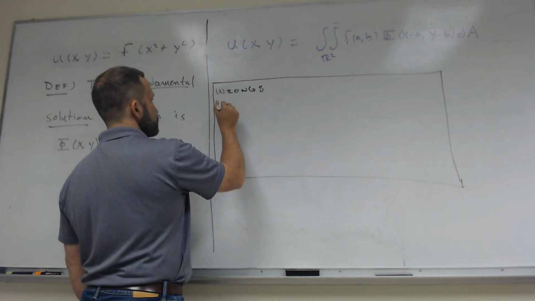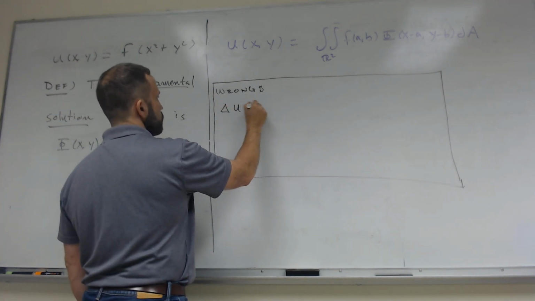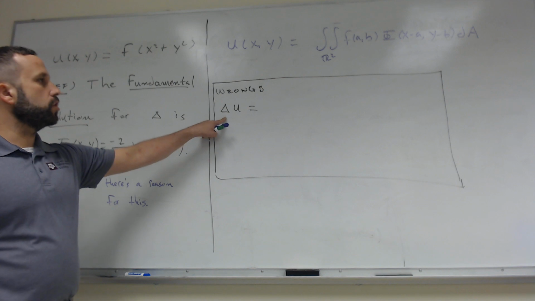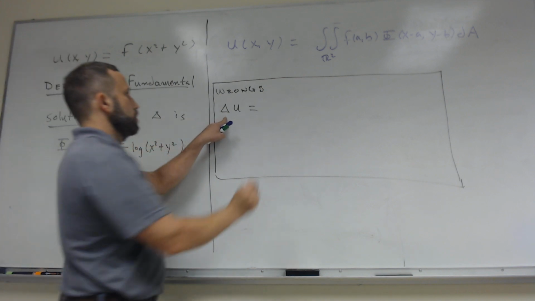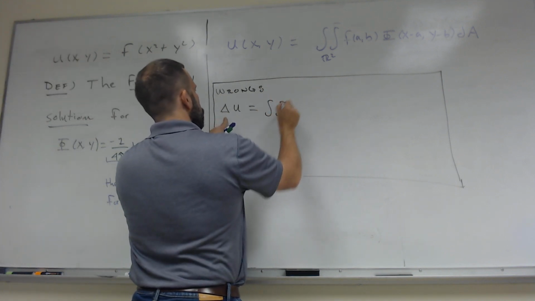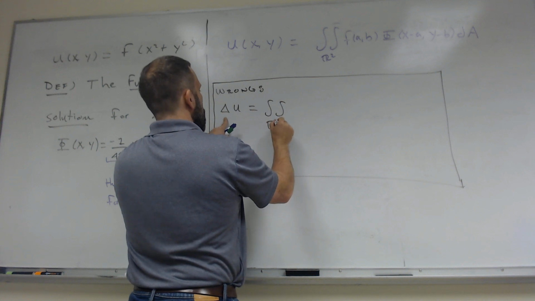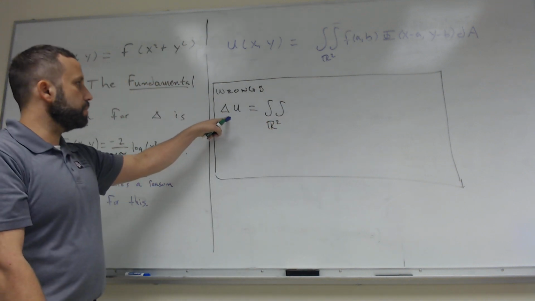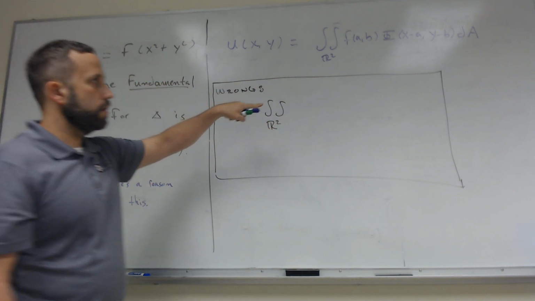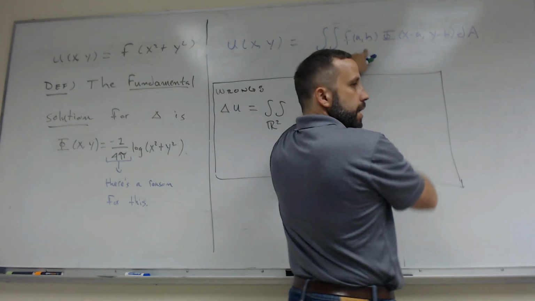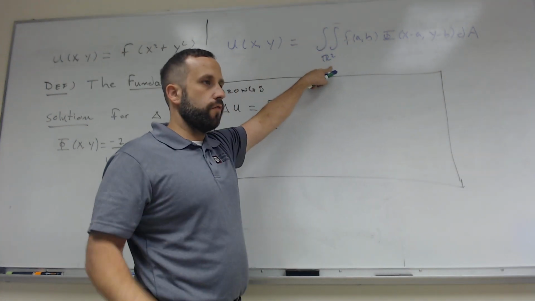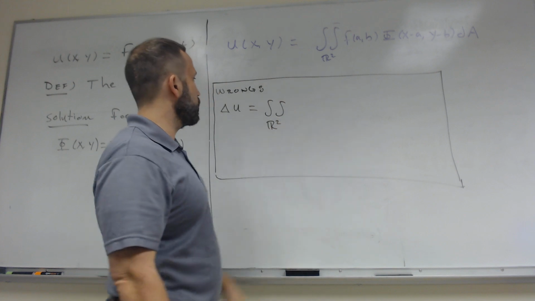So let's say I just naively try to compute the Laplacian of u. Well, the Laplacian is only happening in the x and y variables. We've been doing this all through our entire semester so far. We've just been moving this inside the integral. The integral is in terms of a and b. The boundary is over all of R2, so the boundary definitely doesn't depend on x and y.